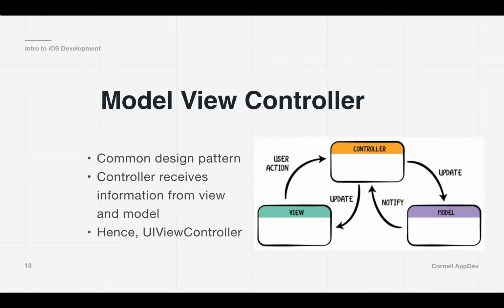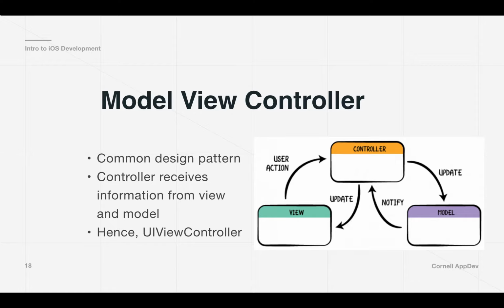All right, cool. So now let's talk about something called Model View Controller. This is a very common design pattern that you'll typically see in app programming in general. You have three components of your app: you have a view, you have a model, or multiple models, and you have a controller. The controller is what's coordinating everything between the view and the model. So the view and the model should never be interacting with one another.